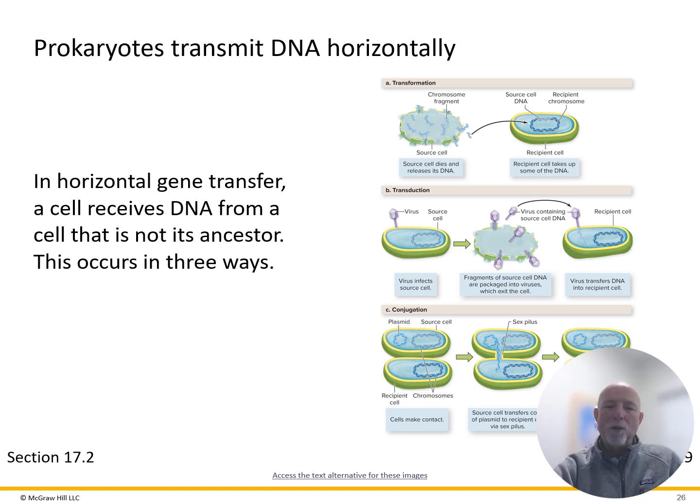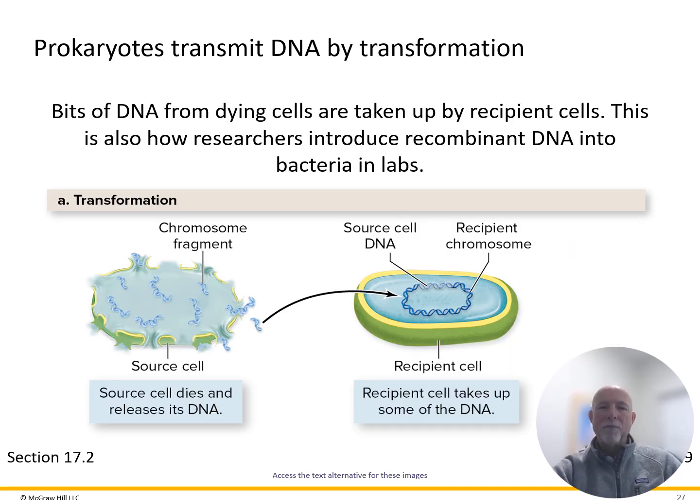So let me explain real quick. I don't want to get too technical here, but it's important from a laboratory standpoint. They can transmit their DNA by what we call transformation, where the parent cell dies, and an adjacent cell simply picks up their DNA, and it's absorbed into their DNA.